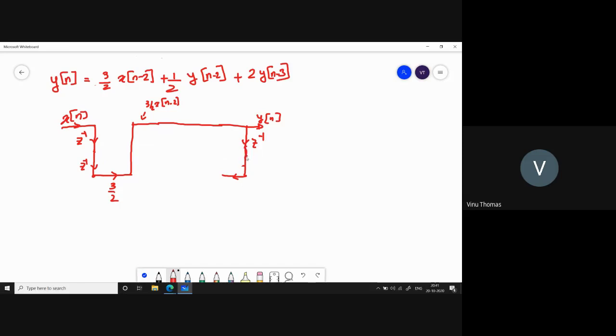So this is z raised to minus 1, so this is y(n minus 1). Here you have y(n minus 2), to be multiplied by 1 by 2. And then you require another z raised to minus 1, which should be multiplied by 2.